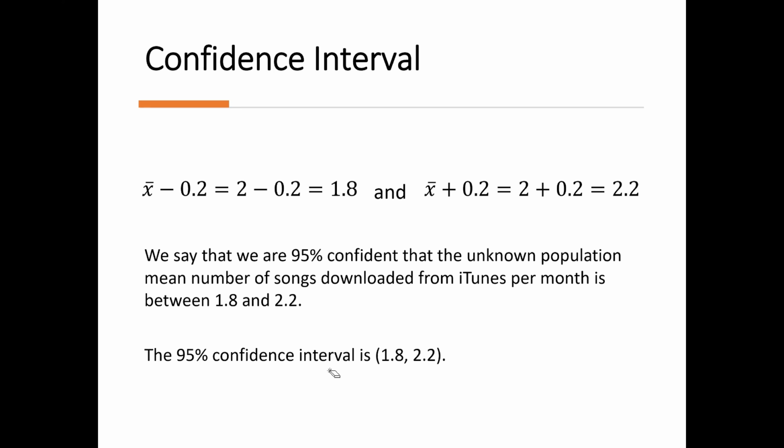So the 95% confidence interval is, you see those parentheses, (1.8, 2.2), somewhere between 1.8 and 2.2. So we are 95% confident, or in 95% of the samples that we take, we will see that the true population mean is between 1.8 and 2.2.